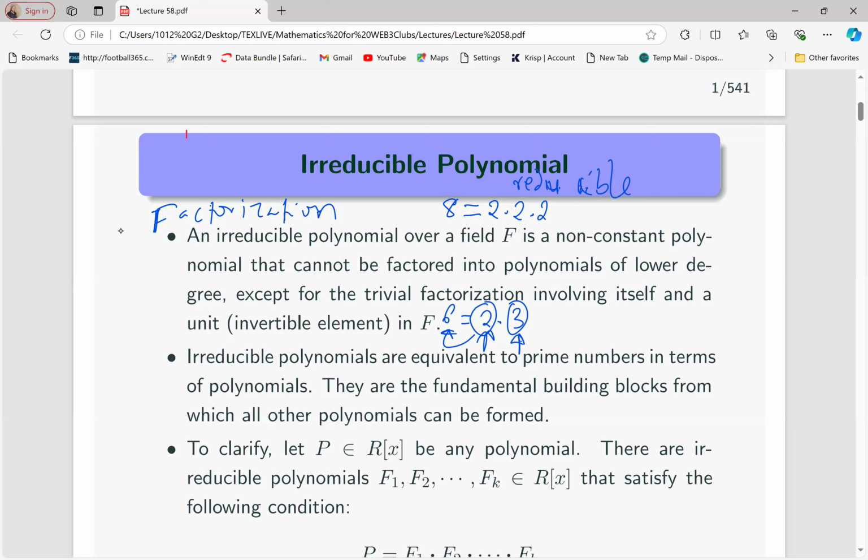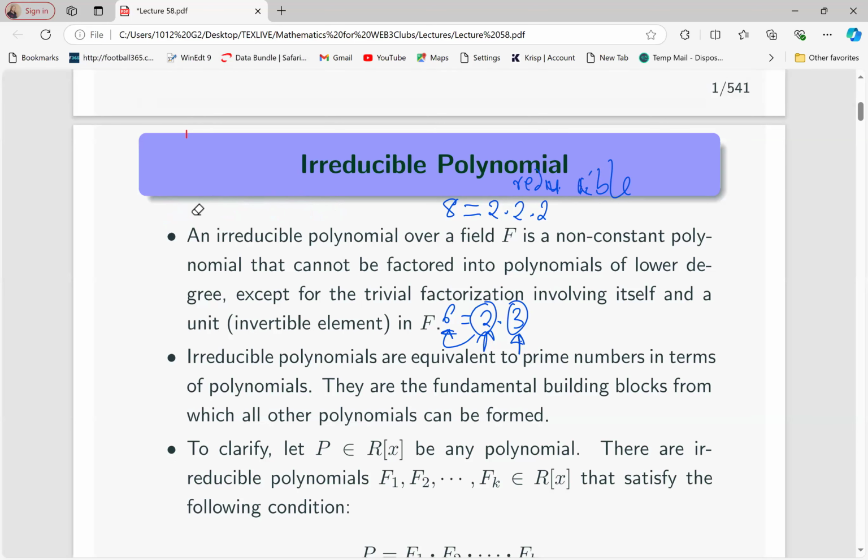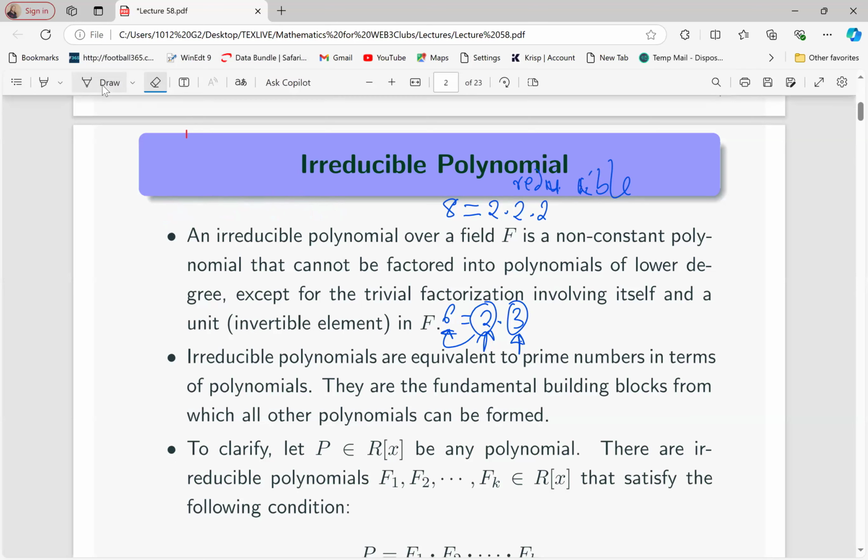Now, it's the same concept we want to look at with polynomials. We want to see whether, if given a polynomial, we can reduce it and write it as a product of its irreducible polynomials.